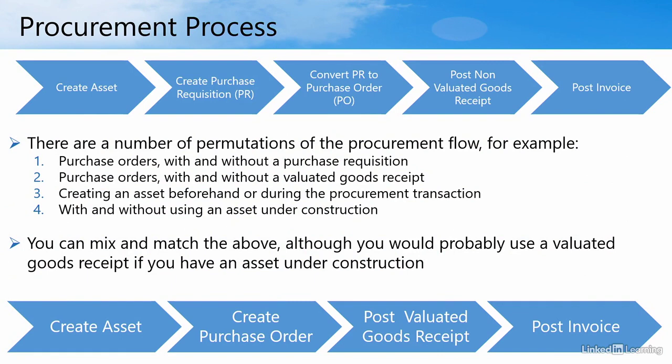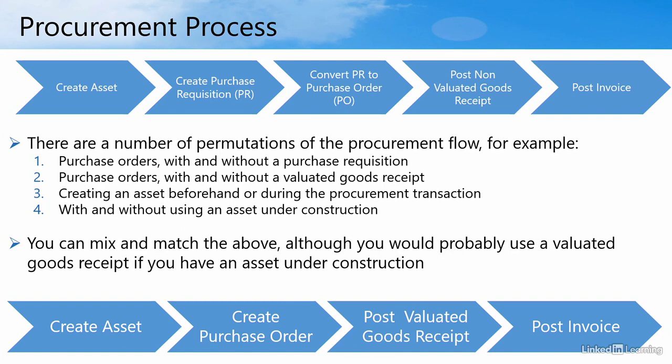Some companies may create a purchase requisition and then convert the purchase requisition into a purchase order, or just create the purchase order directly. If evaluated goods receipt is used for other purchases, an organisation may prefer to do the same for fixed assets, unless local accounting requirements require the invoice to be received before postings are made to the asset and general ledger.